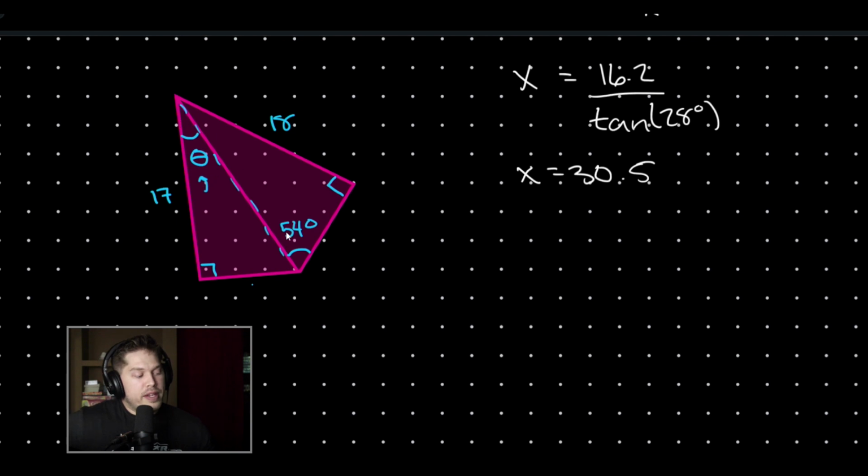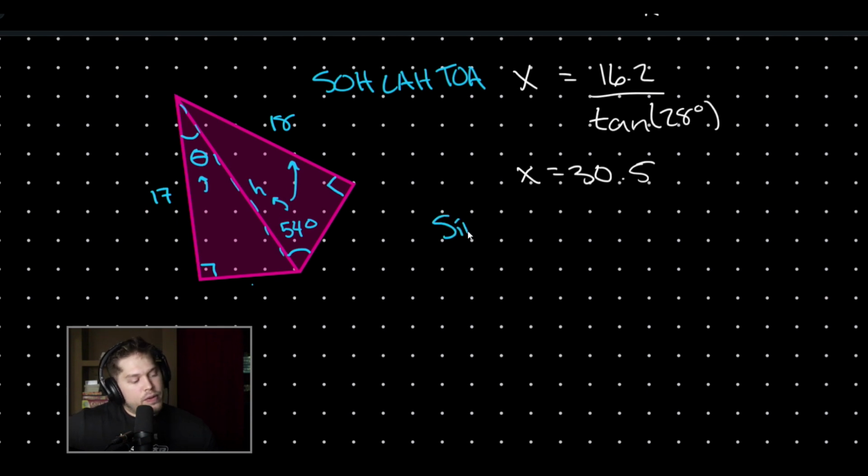This split piece is the hypotenuse for both of these triangles. So let's just go ahead and call it H. And let's look at the triangle on the right first. What do we have? Well, we have the opposite side, and we're looking for the hypotenuse. So when we think of SOH-CAH-TOA, we know that we're going to be using our sine function.